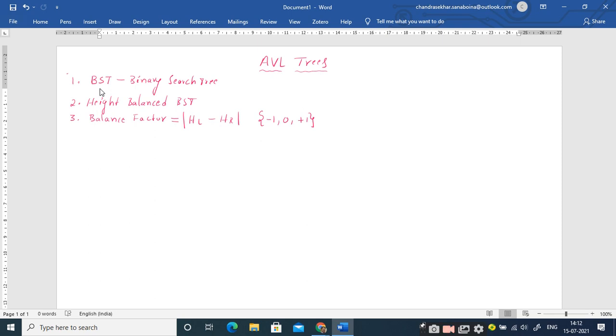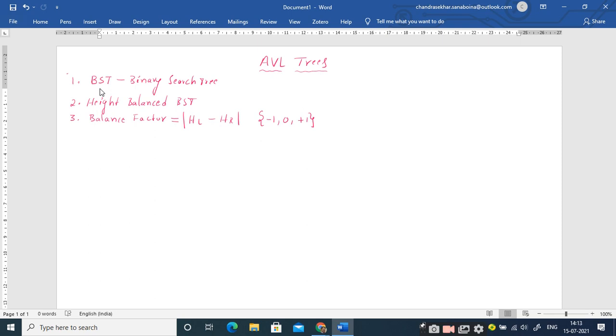Right. So our ultimate goal is to balance the tree. We won't allow the tree to grow extensively in one direction. So when it is going to grow in a particular direction, we will apply some rebalancing mechanisms. Those are called rotations.